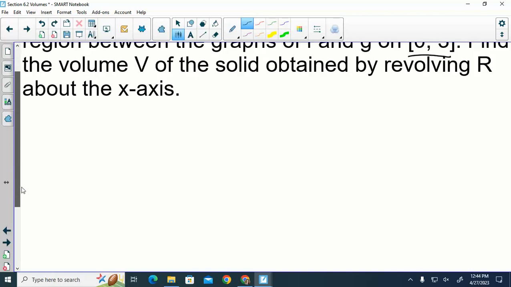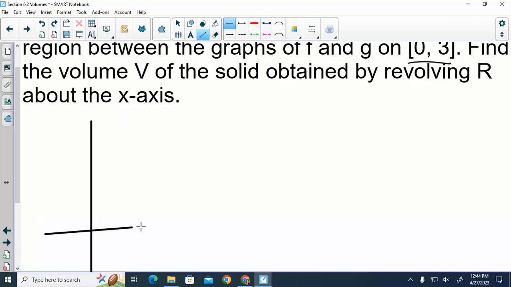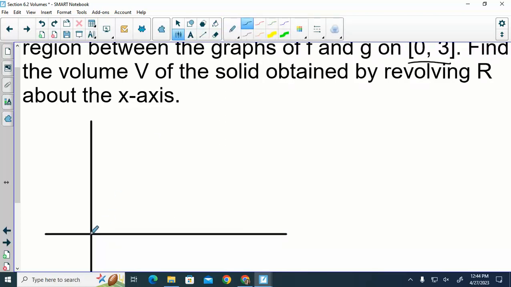Okay, so we need a graph. We're going from 0 to 3. So if we put in 0, 5 times 0 is 0, and 3, 5 times 3 is 15.